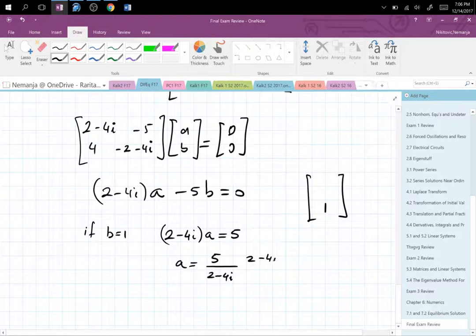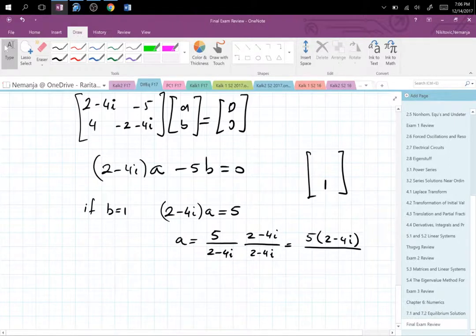Yay, rationalizing, right? So this works out to be 5 times 2 minus 4i divided by, and now when you have to do the conjugate, so I get 4 minus 16, but it's plus 16 because I squared negative 1, and the 5 and 20 will cancel, so I get 2 plus 4i over 4, so a is equal to 1/2 plus i.